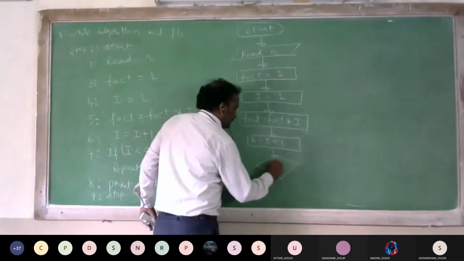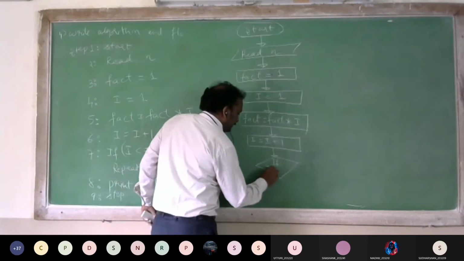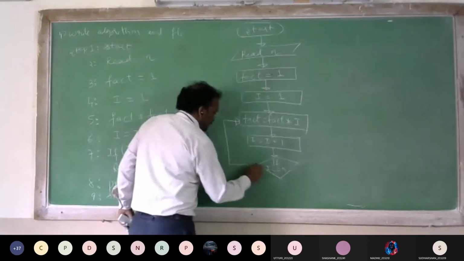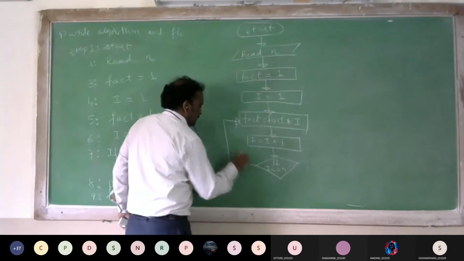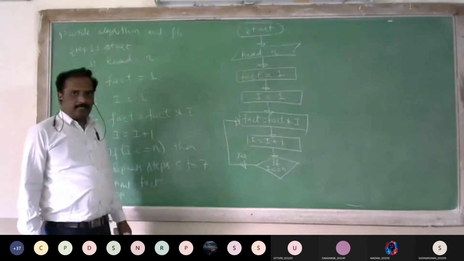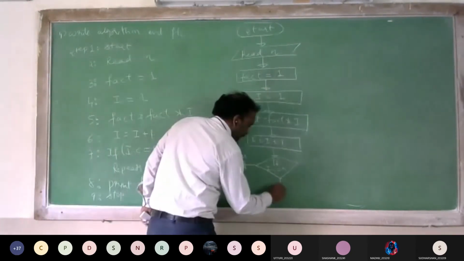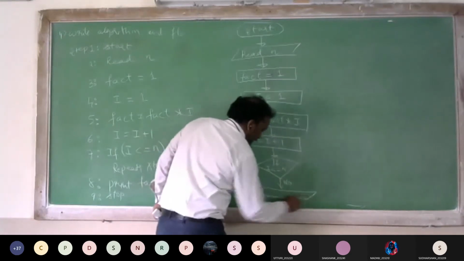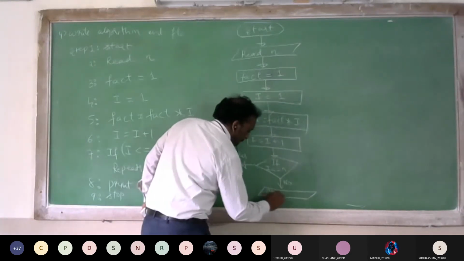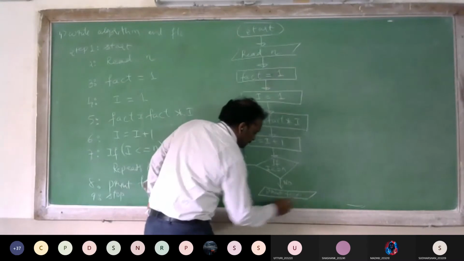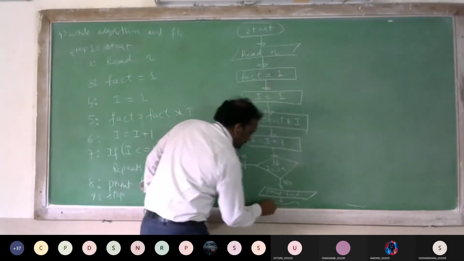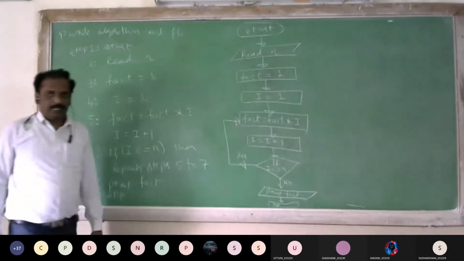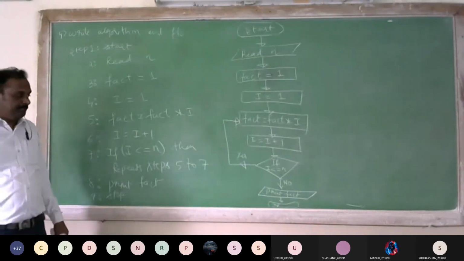So if I is less than or equal to n, yes, then again find the factorial. If it is no, then print fact. What is the last step? The last step will always be stop, oval symbol.